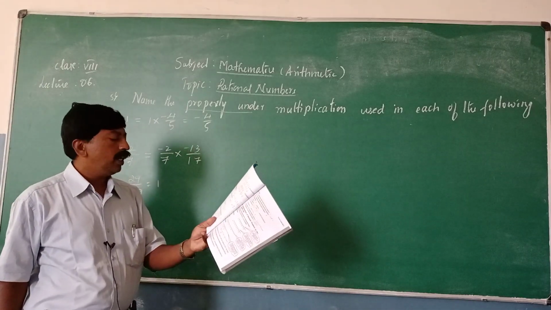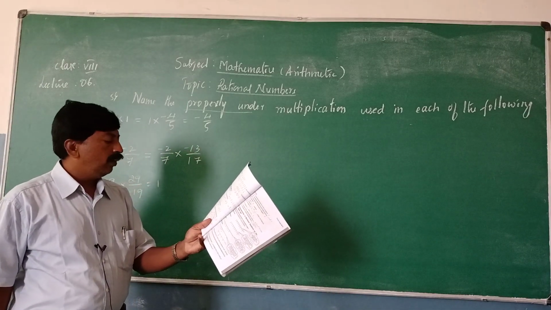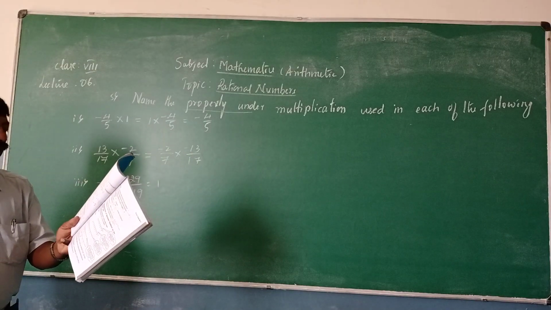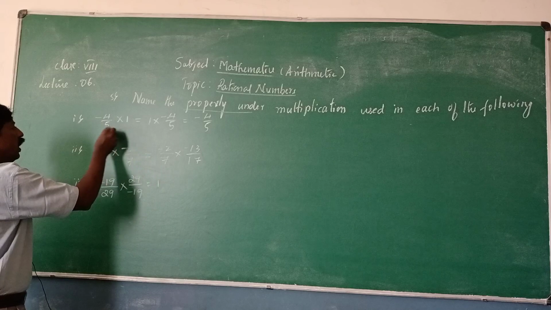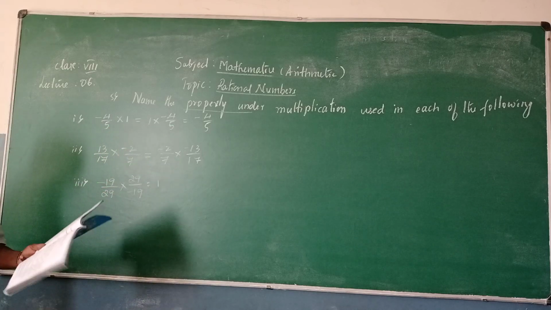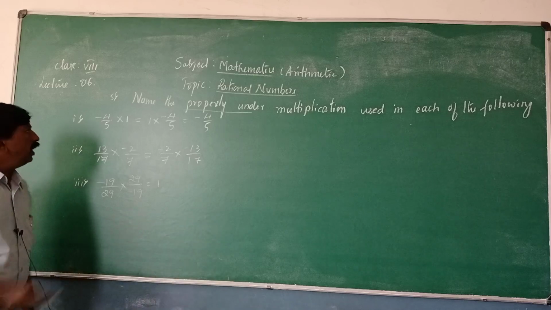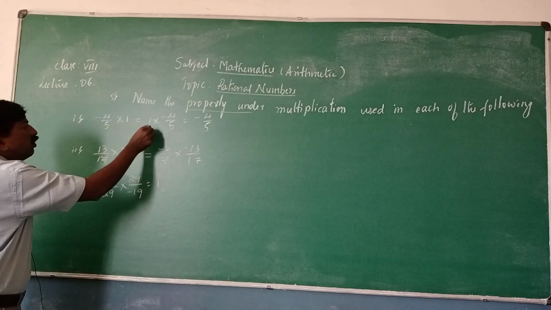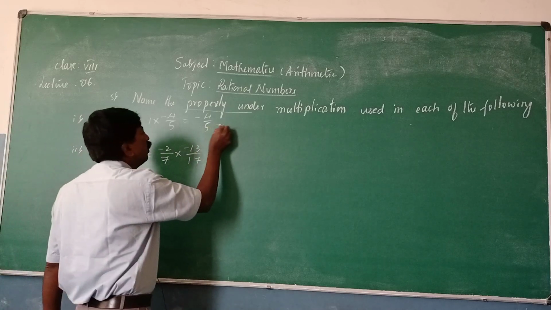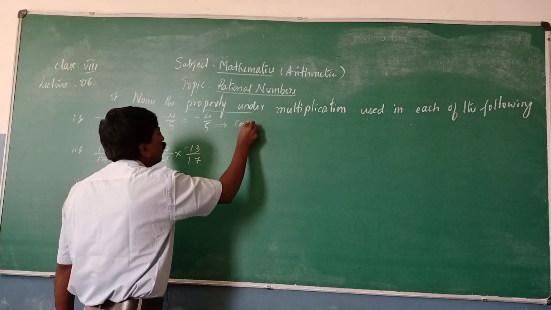Its product is minus 4 by 5. What we did here is, A into B is equal to B into A. What do you call that? A into B is equal to B into A is called the commutative property.